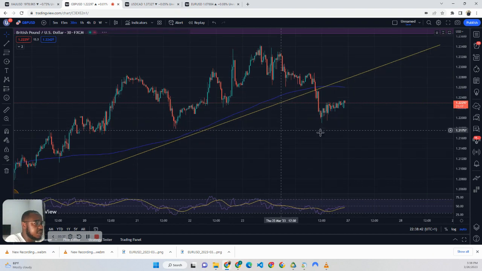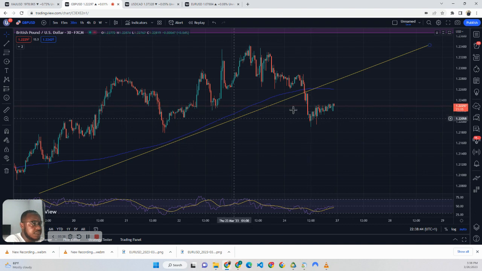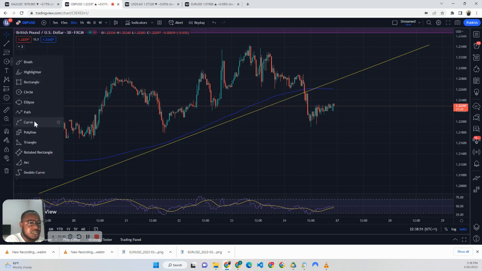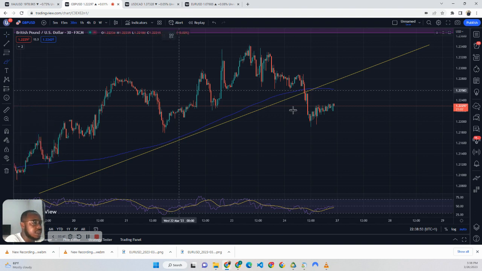Back to the 30 minutes time frame, you see that there is a zone here, but my expectation on this 30-minute time frame is also a sell.